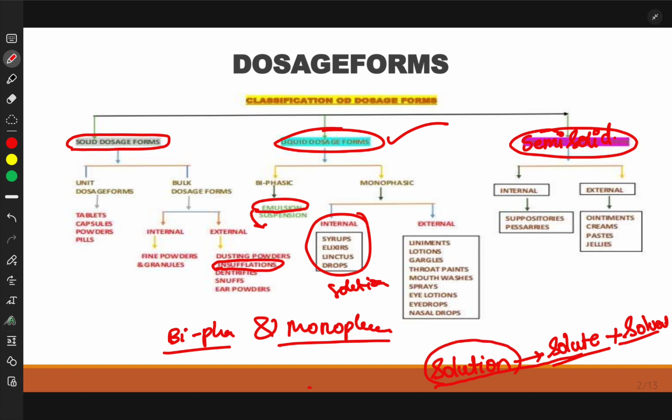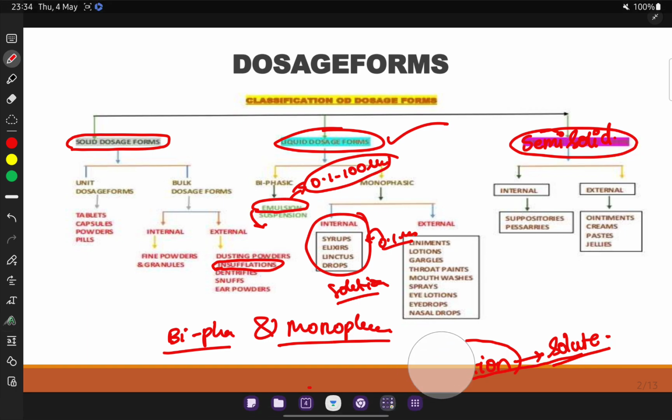The very smallest particle size is observed in solutions, but somewhat more, as you see here, 0.1 to 100 micrometers is the size range of emulsions. Less than 0.1 micrometer is observed in solutions. So we have a very small size distribution in solutions, somewhat more in emulsions, and more than emulsions, there will be larger particle size in suspensions.